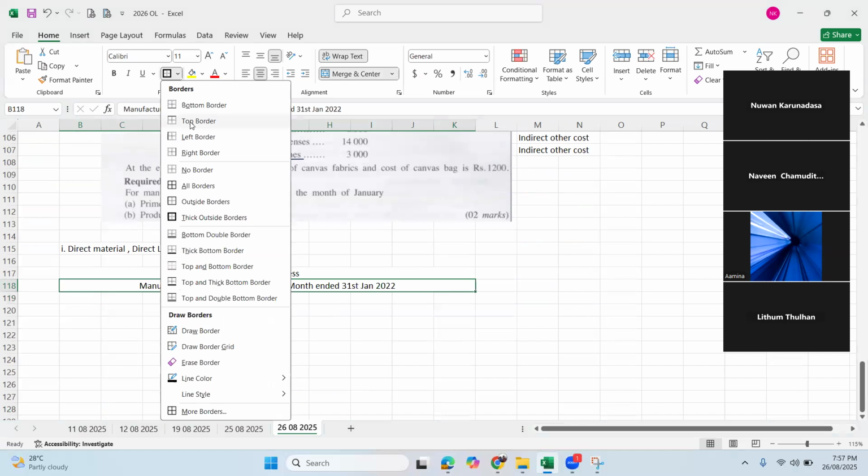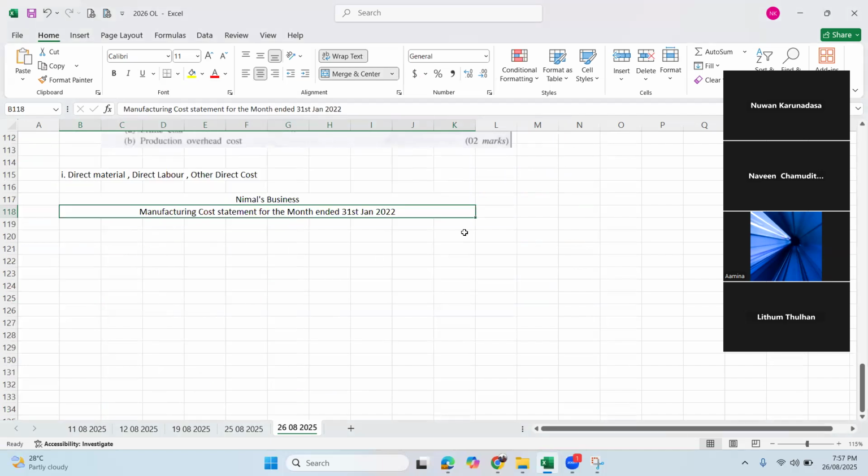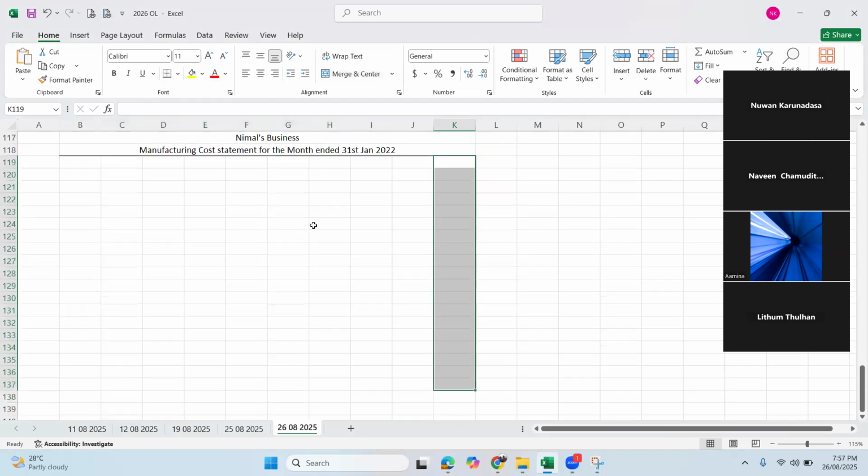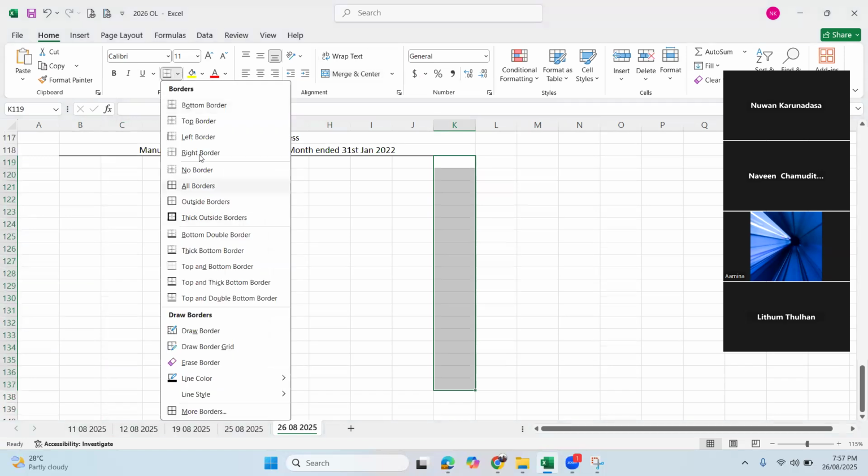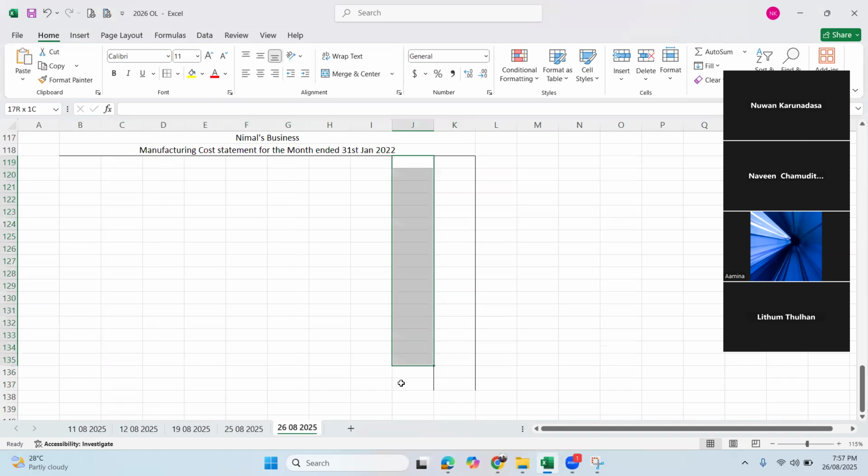So this is the format. Just look at the format. You start with the raw material. You need to remember the format, student.